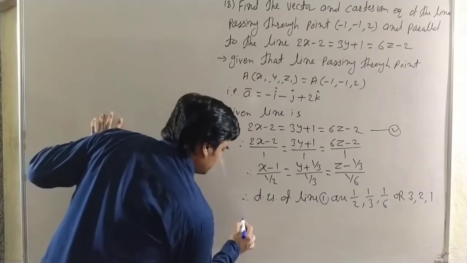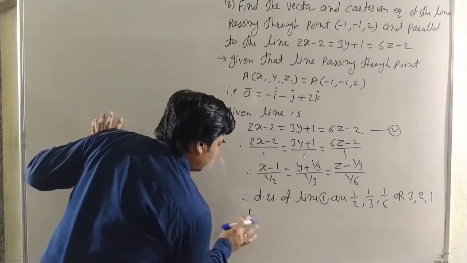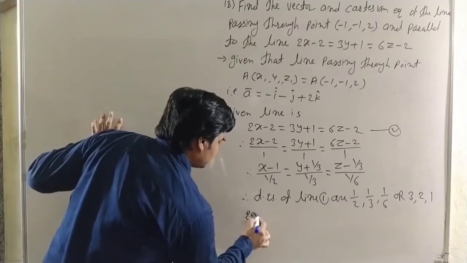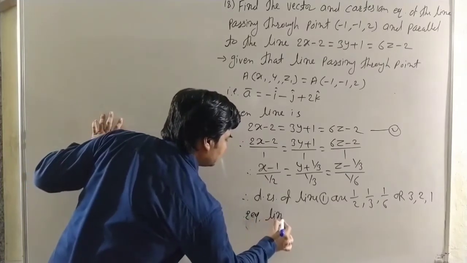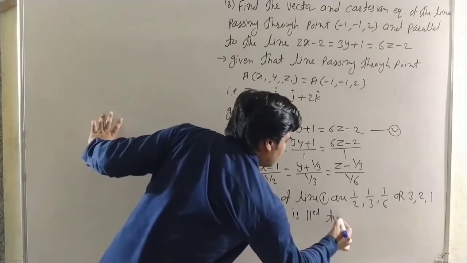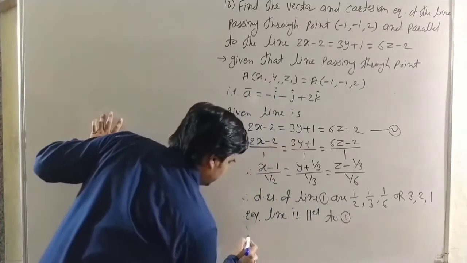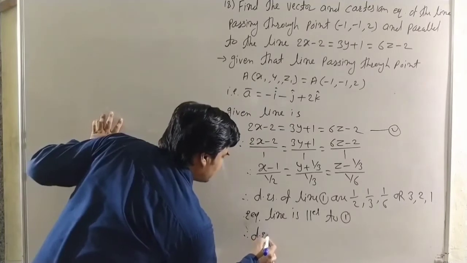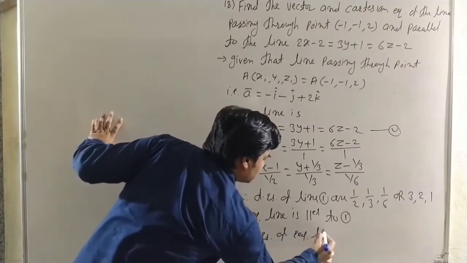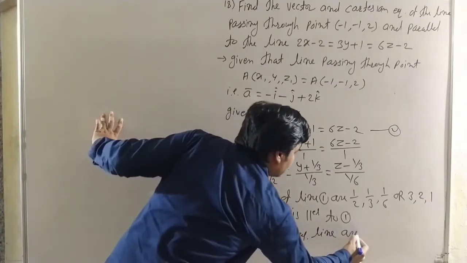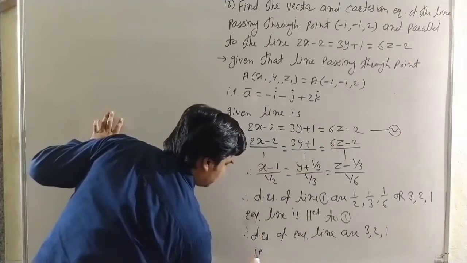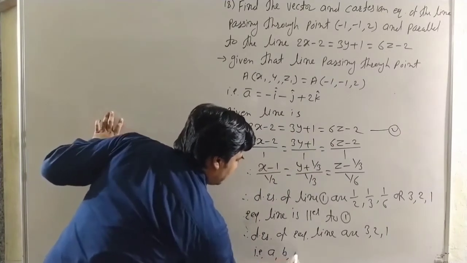The required line is parallel to line 1. Therefore the direction ratios of the required line are 3, 2 and 1, that is a, b and c.